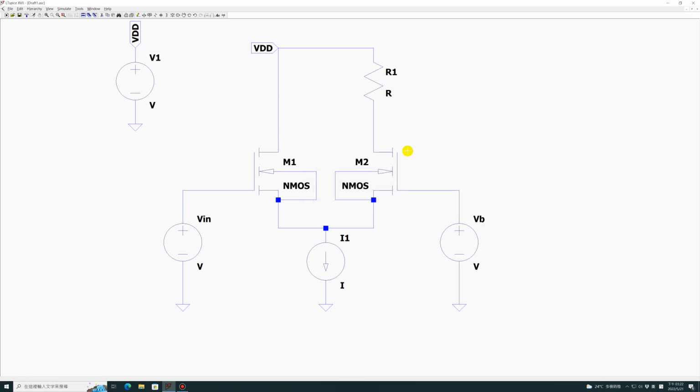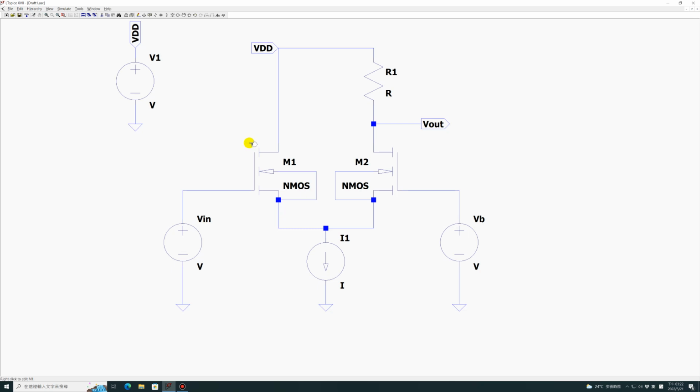Okay, and of course there's the output port. So I'll get an output port here, I call it Vout, the output port. Okay, that completes the circuit, right?